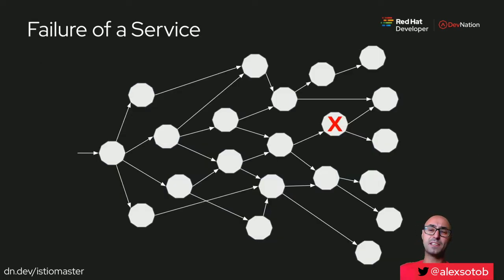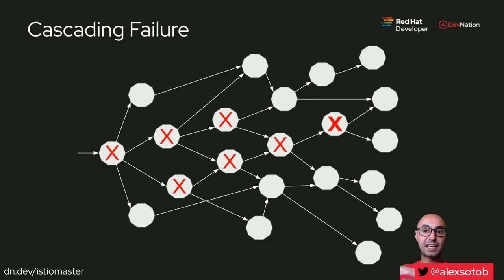But what's happening with this kind of architecture? Well, there is one big problem: what happens if one of the services fails? And this service is in the middle of the mesh, like this one that you're seeing here with this red cross. When this service fails, there is a cascade of failures, right?